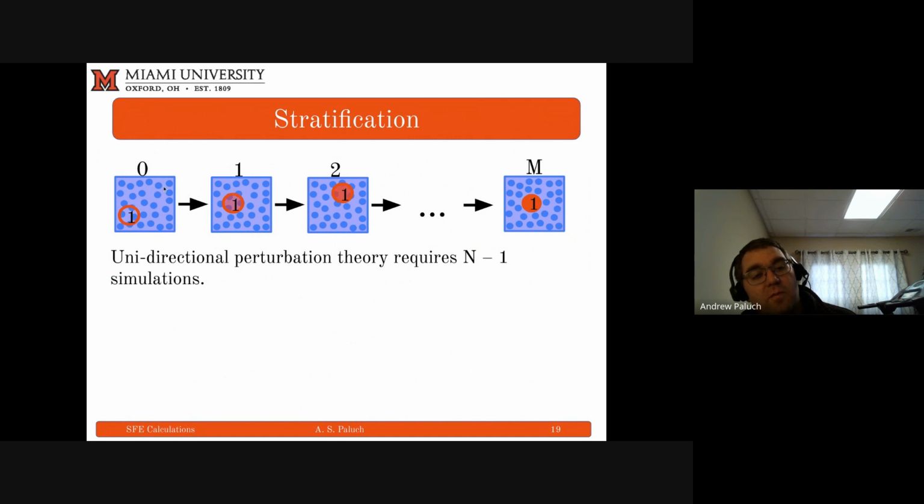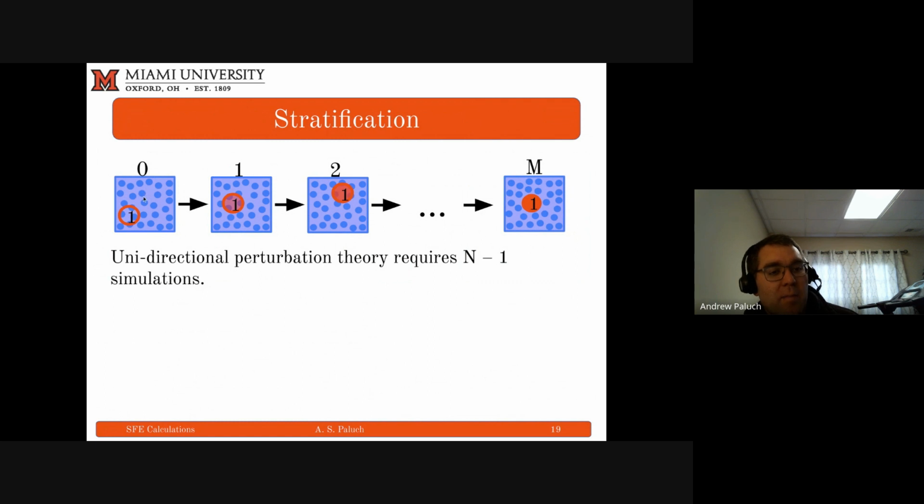and how it's used. So if I just have this picture here, what I would ideally like to visualize, in terms of BAR or even MBAR, is essentially I'm creating this intermediate state between 0 and 1, 1 and 2, and then there's some intermediate state. I'll just call it between, say, 2 and M here. So in the BAR picture, I have this intermediate state, and I'm going to perform a simulation in state 0.